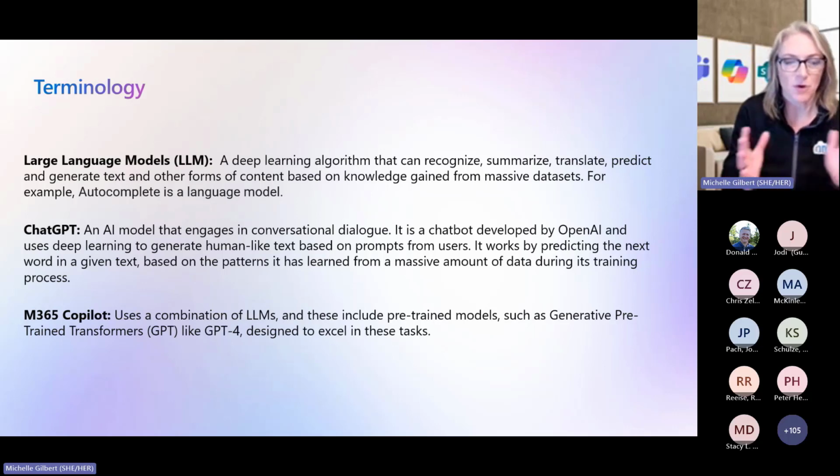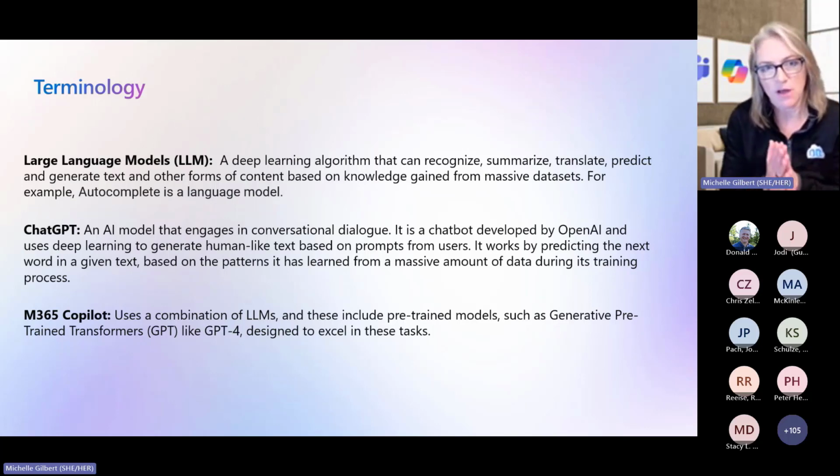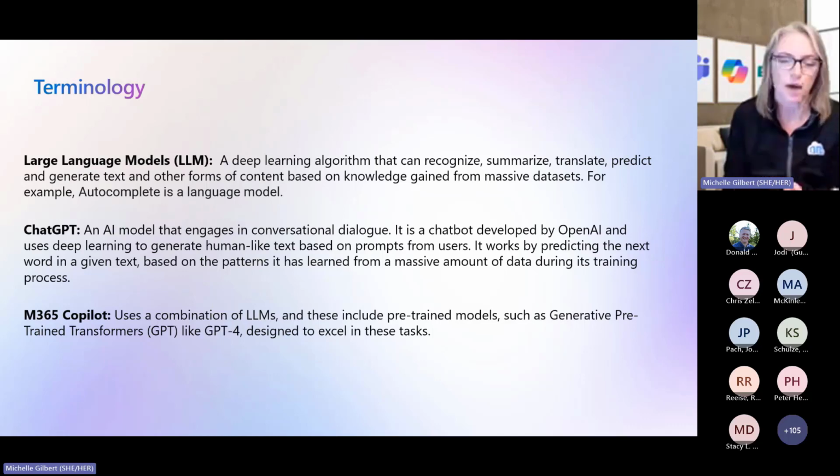Now, how are both of those in relation to M365 Copilot? We use a combination of large language models, and these include pre-trained models. If you want to understand GPT, that stands for Generative Pre-trained Transformers. And there's been different versions of them over some time now. You might be familiar with GPT 3.5. Now they've rolled out 4.